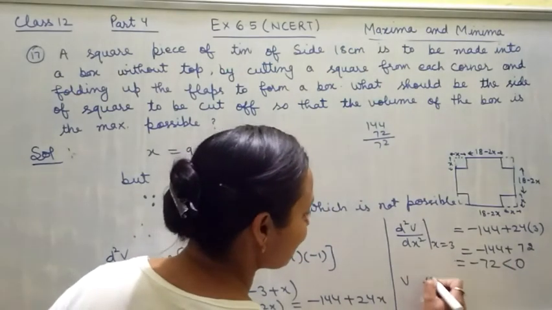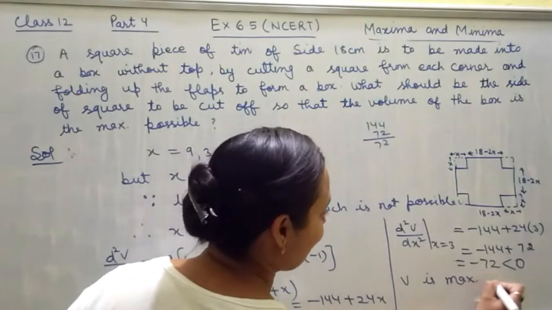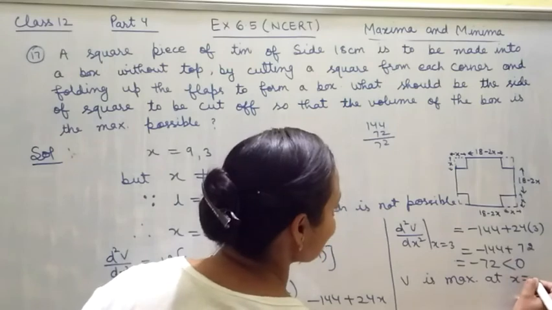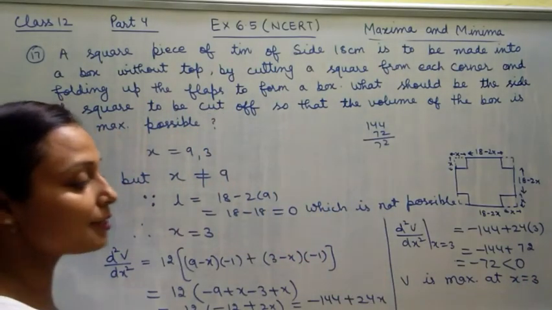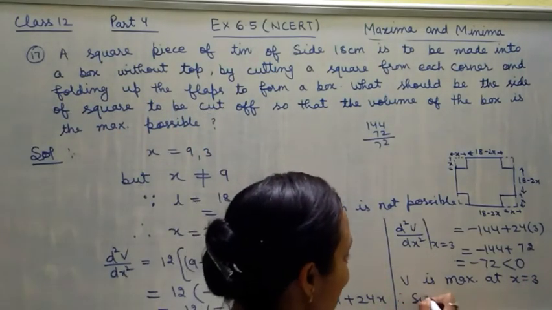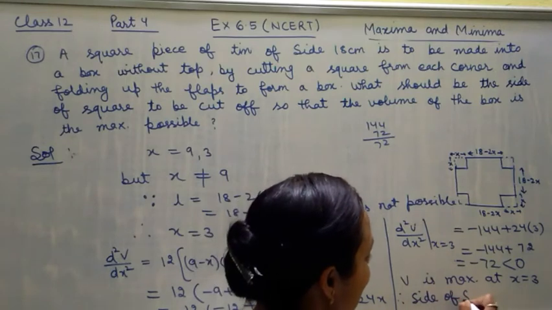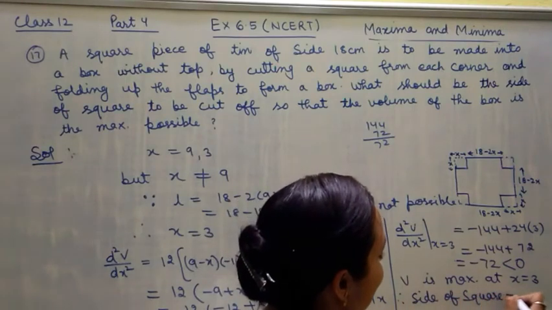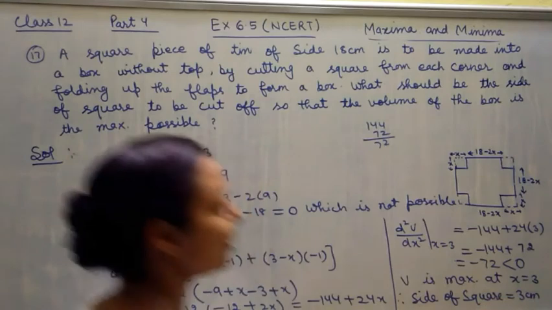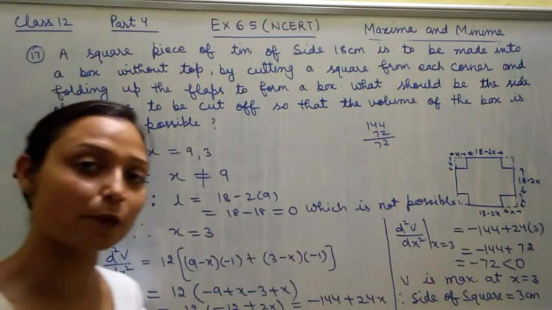The volume is maximum at x equals 3. Therefore the side of the square to be cut out from the corners is 3 centimeters. So this is the way to solve the question.